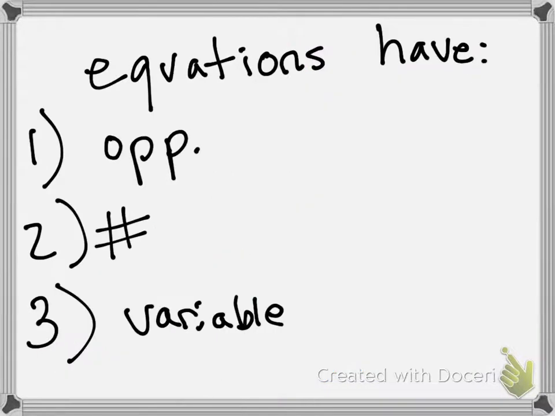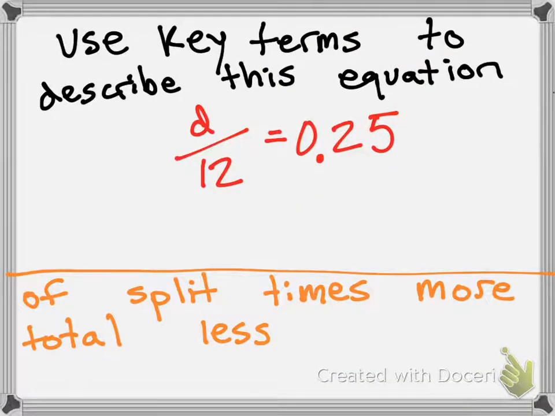Excellent. Now, we're going to be looking at key terms to describe this equation. So we've got a variable D, we've got some numbers, 12 and 0.25, we've got an operation going on, and we've got an equal sign because it's an equation. So, what operation is happening?